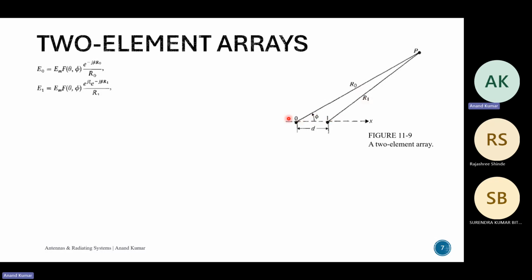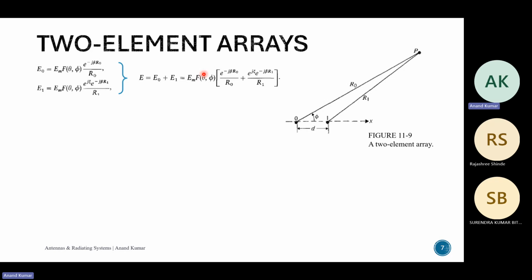So we are using the principle of superposition for electric fields, and we're trying to calculate the effective electric field at point P. We have the electric field due to element 0 and element 1 written over here, and then we just add them at point P. Then taking the common terms, E_m is the magnitude of the electric field, and f_0 is the element factor, which we have already seen in previous classes.